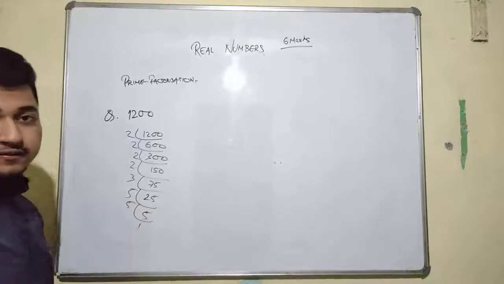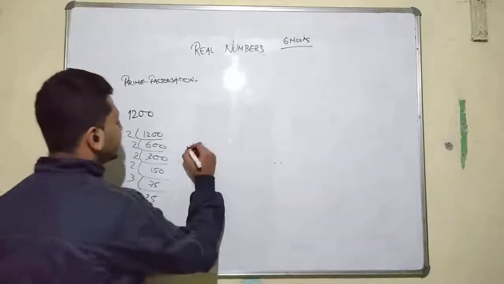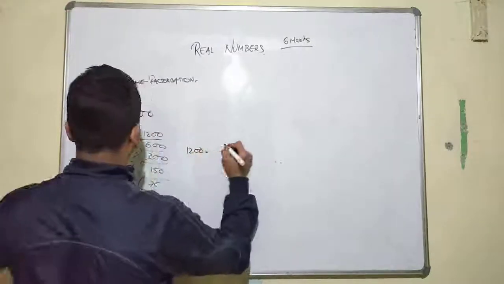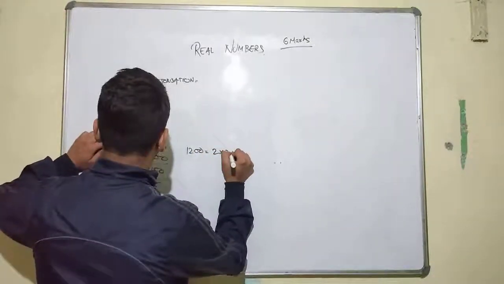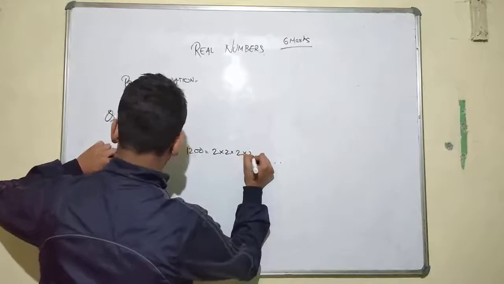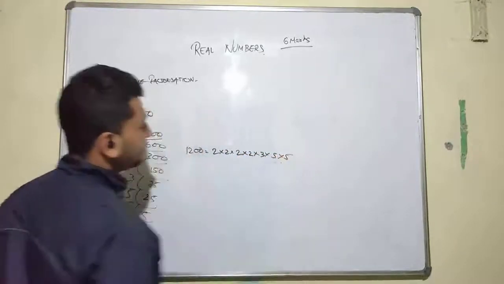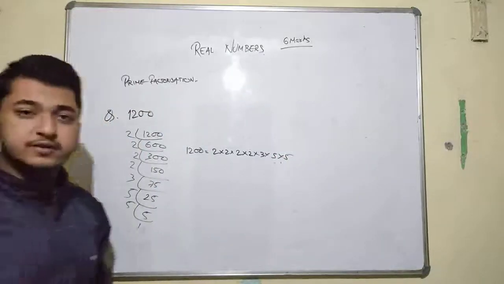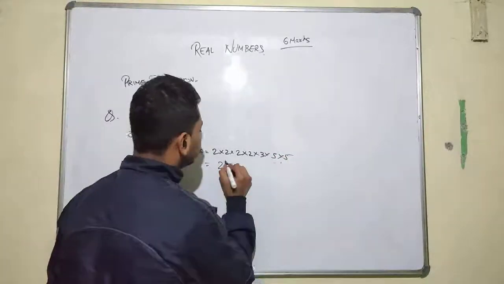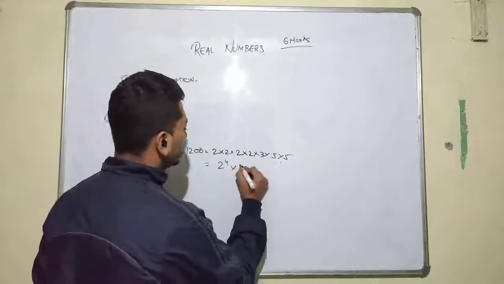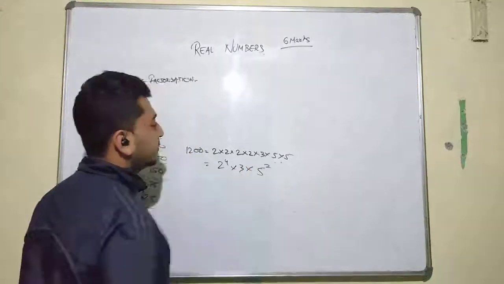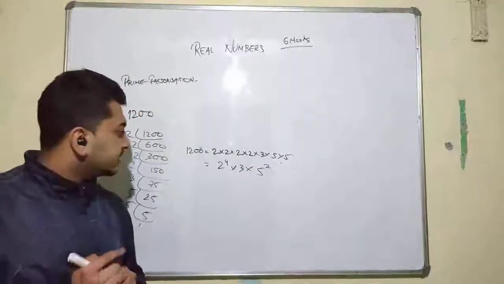So it can be expressed as 2 into 2 into 2 into 2 into 3 into 5 into 5. Right? You can write it as 2 to the power 4 into 3 into 5 squared. You can write it this way.